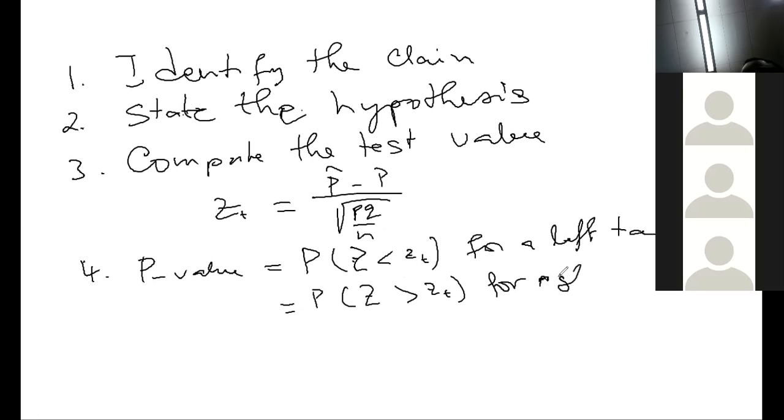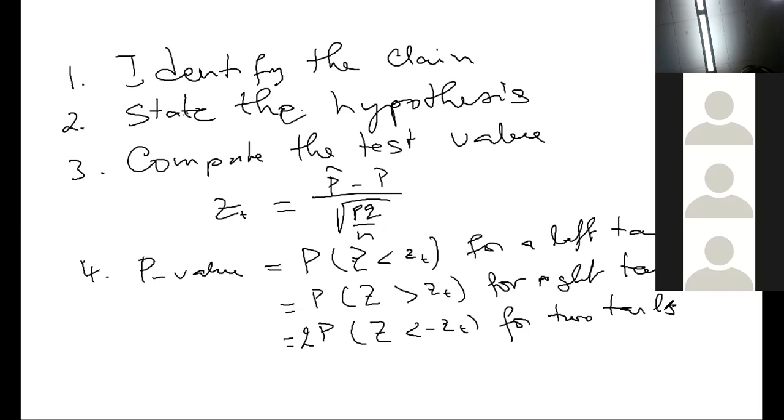For two tails, it is equal to two times the probability that Z is less than minus zt. We did this last time for the mean. I'm just trying to recall it.